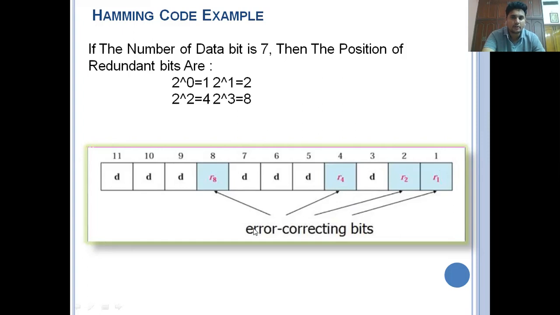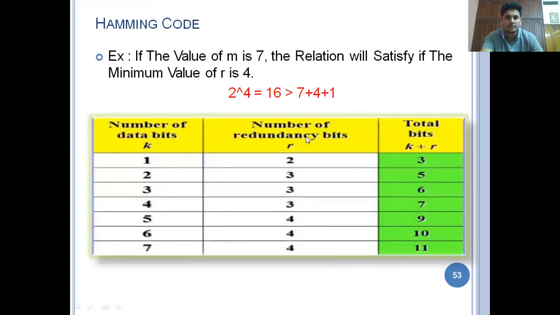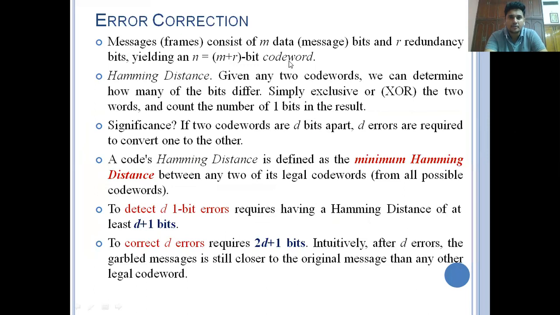So these are the original bits: 3, 5, 6, 7, 9, 10, 11. So the total size is 11. Why is the total size 11? 7 are the original bits, and 4 are the minimum redundancy bits we have to add to the original data, plus 1. So the code word is m plus r.